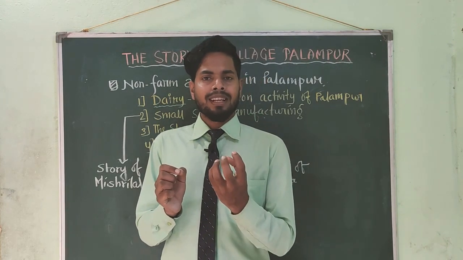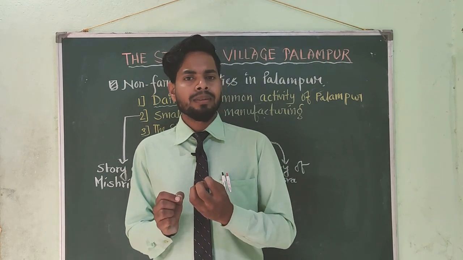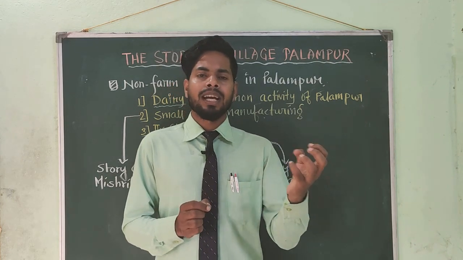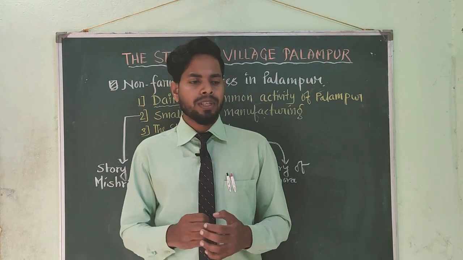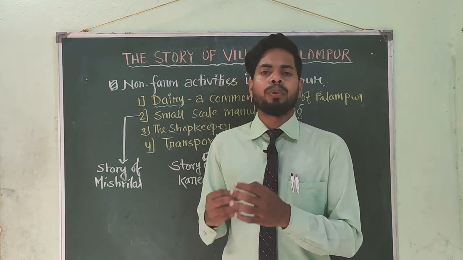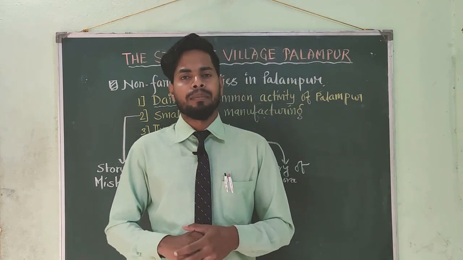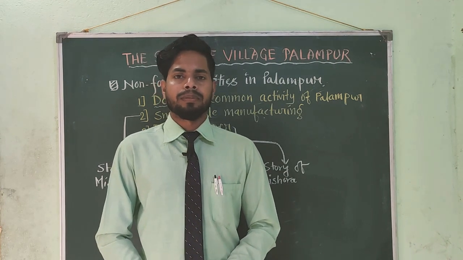So Misri Lal here used the working capital to buy the sugarcane, to pay the electric bill and to pay the transport cost. So the next important thing, in that case labor is provided by the family members.